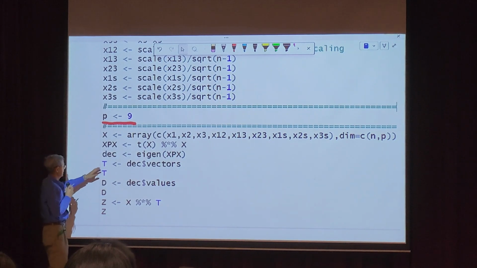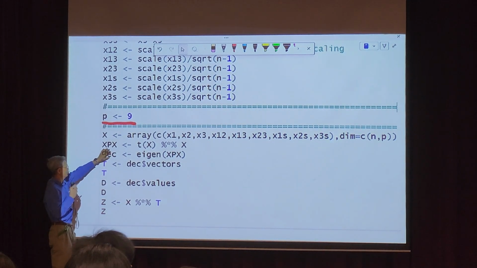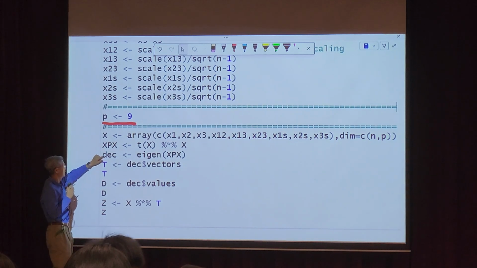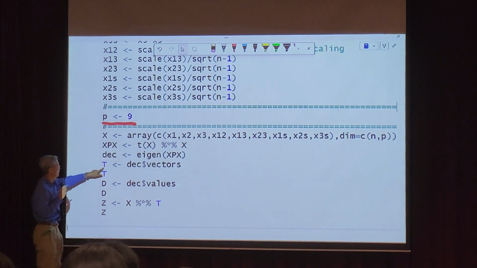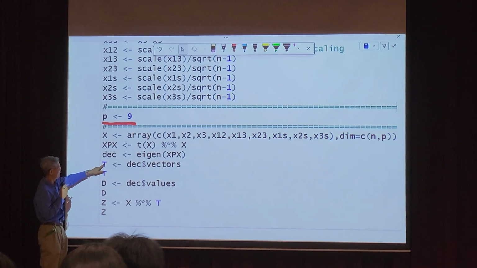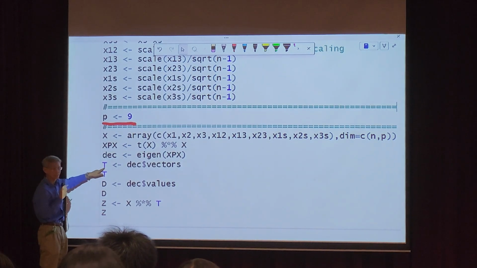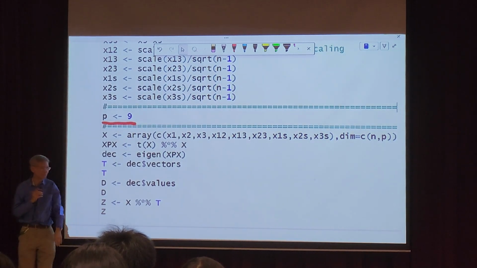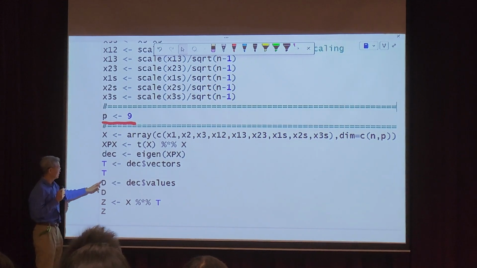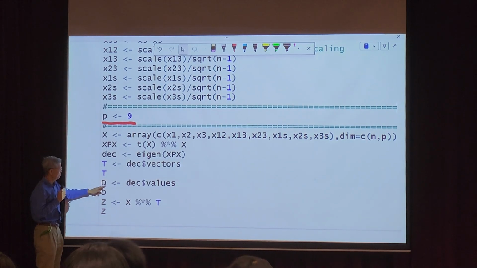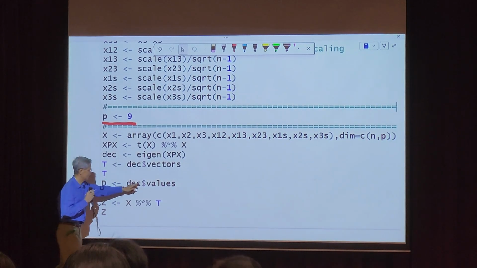How do I get it? Well, I store the eigenvalues and eigenvectors here, called decomposition. And then I can extract all the eigenvectors here into matrix T that we have discussed all the time. These are eigenvalues.